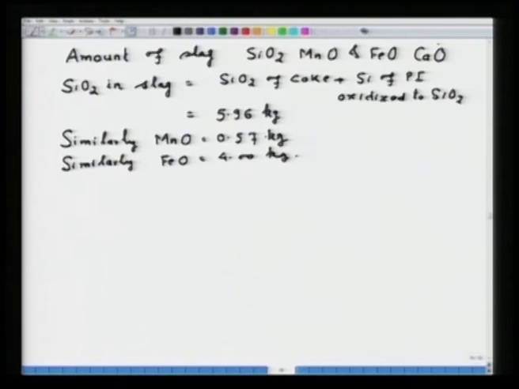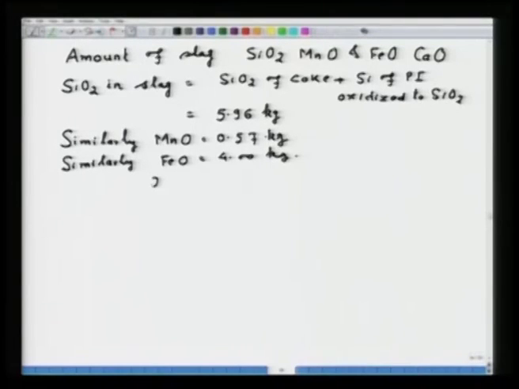because if you read the problem, it says that the slag contains 30% calcium oxide. So, if you consider X being the amount of slag, then 70% consists of SiO2, MnO and FeO, because 30% is calcium oxide.